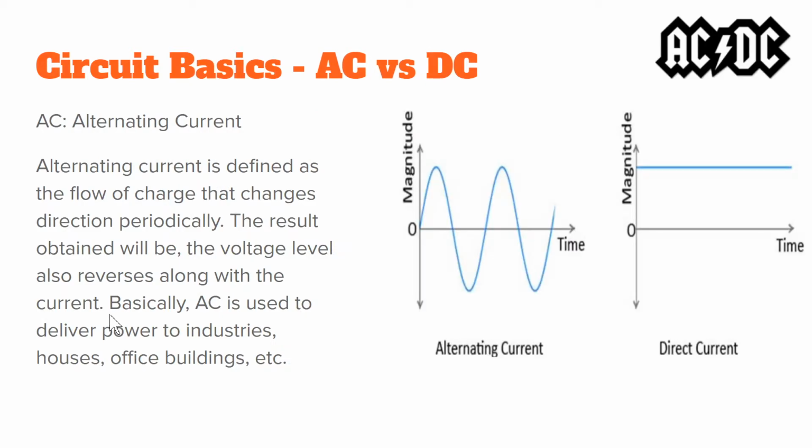There are actually two different types of current: alternating current and direct current. Alternating current is defined as the flow of charge that changes direction periodically. If you recognize this, it's more like a sine wave. That's actually what's outputted from our wall outlets, so our wall outlets give us AC power. It's more commonly used in industries, houses and office buildings.